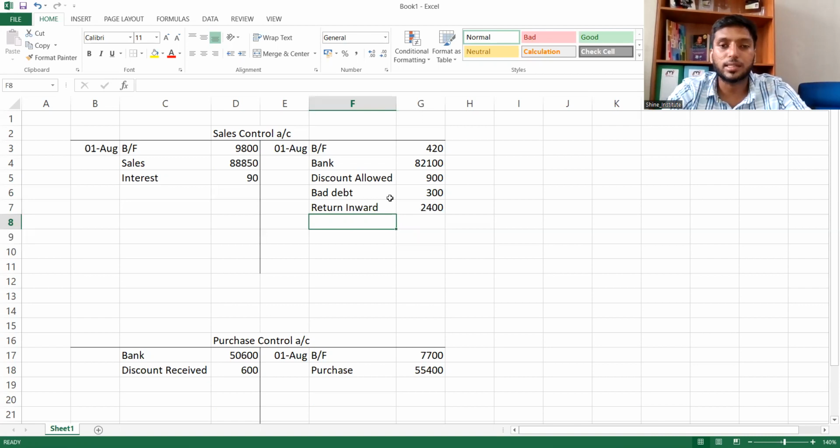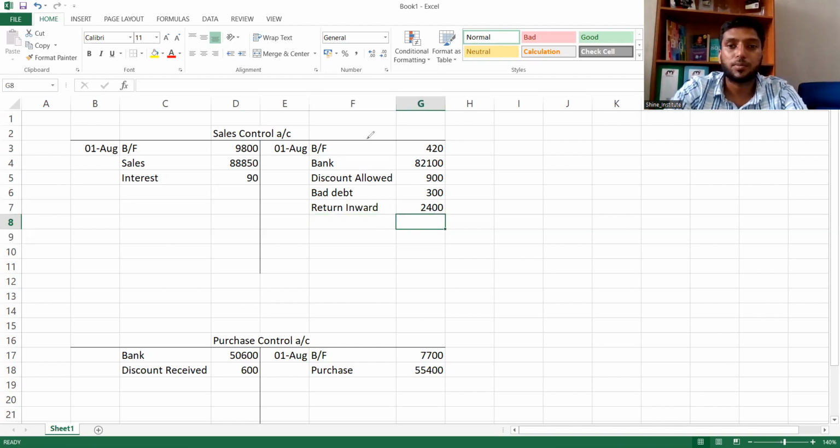So when two transactions are happening in one account, we say it is a set off entry. To adjust that, rather than paying the money, you will set off, because the debtor and the creditor are the same, so you will set off with the sales control account credit and the purchase control account debit. If you don't understand set off, don't worry guys, just remember, if it is a set off, sales control account credit, purchase control account debit.